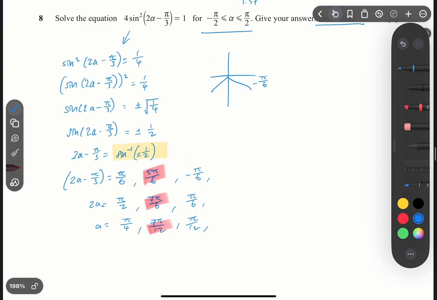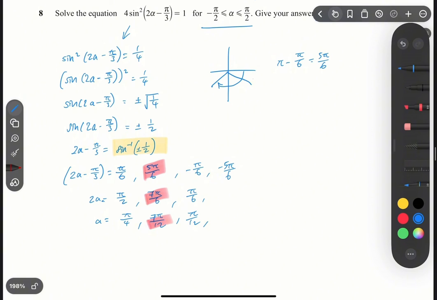And then the second quadrant would be minus 5 pi over 6. And to get this angle, you can just take this part. So to calculate this part, you would just take pi minus pi over 6, which gets you 5 pi over 6. And since it's negative, you just add a negative sign.